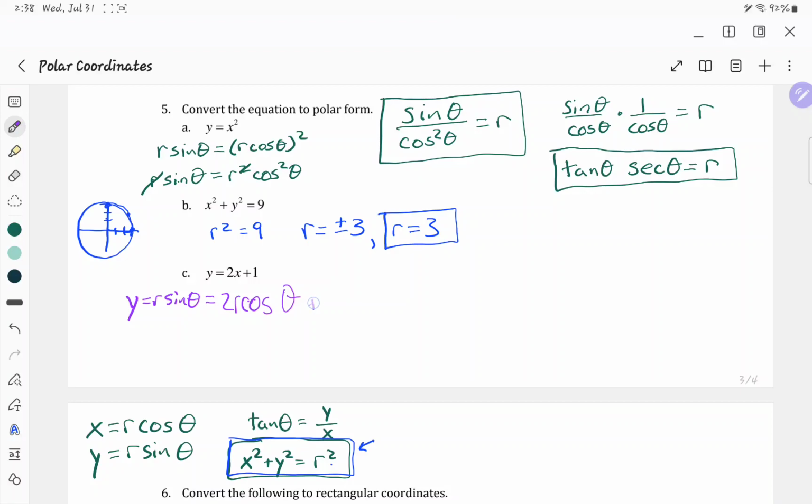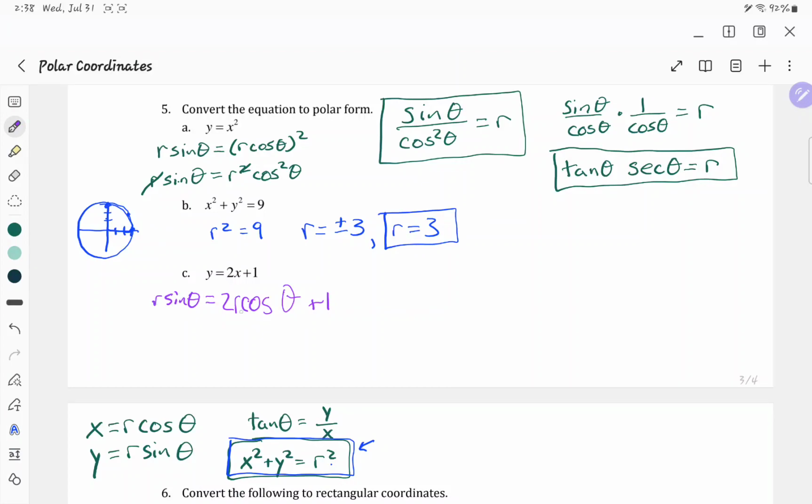Once I get that, I need to put in the plus 1, and then I can see what to do after that. I shouldn't have that y equals right there. We're replacing that. All right, so we go ahead and do that.